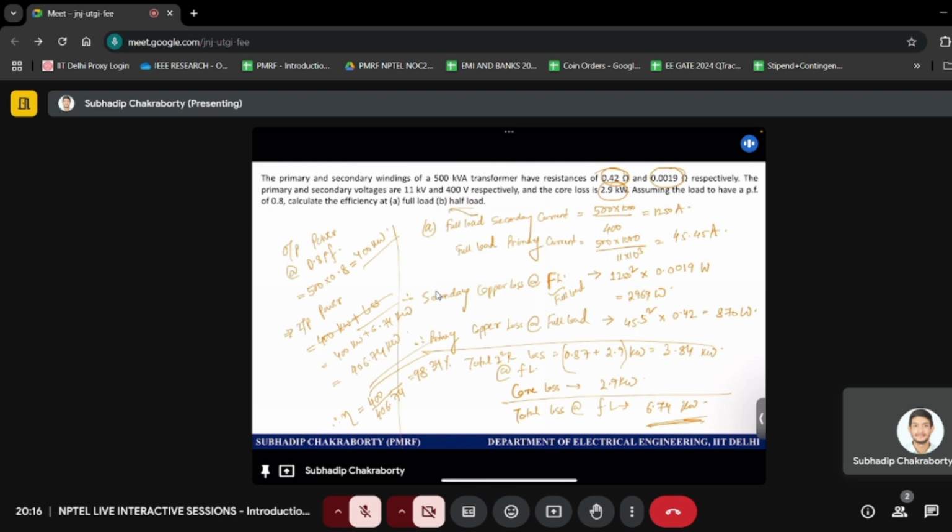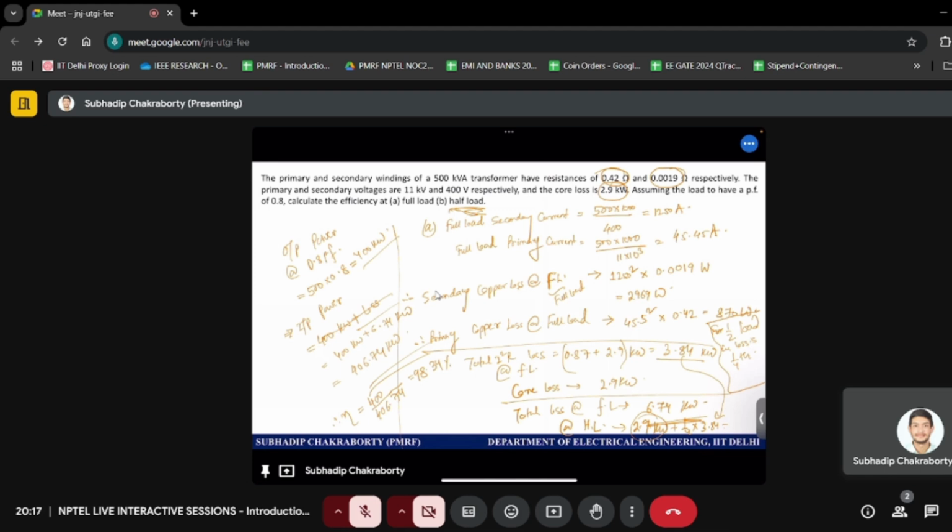But they ask that for half load also. So for half load, copper loss is 1/4. So at half load, if I try to calculate, then I will do what? I will do 2.9 kilowatt core loss plus 1/4 of the full load copper loss, which is this 3.84.